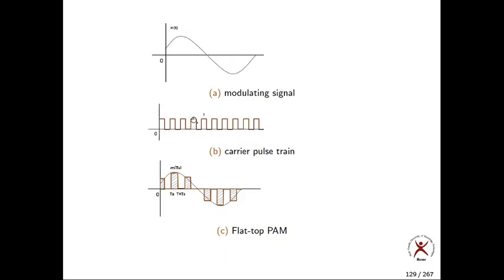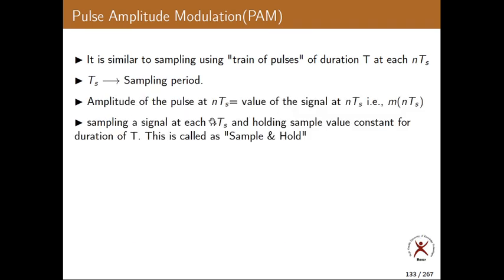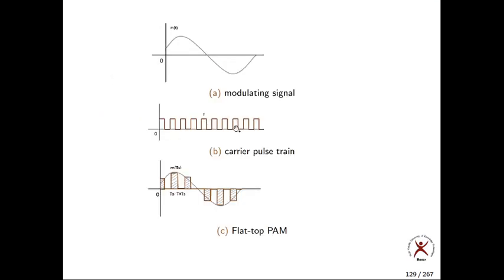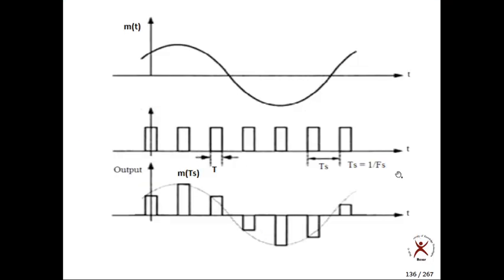So this is one kind of pulse modulation technique called pulse amplitude modulation. It is just like sampling, but in sampling we generally use a train of impulses. Here we are using a train of carrier pulses, each having a period of Ts and a width of capital T. At each Ts time we get a rectangular pulse of width T, and the amplitude of the rectangular pulse follows the amplitude of the message signal.